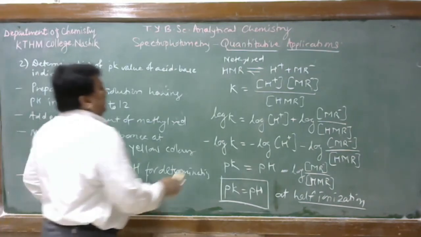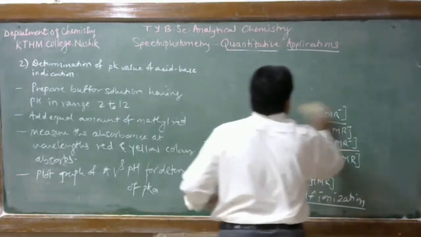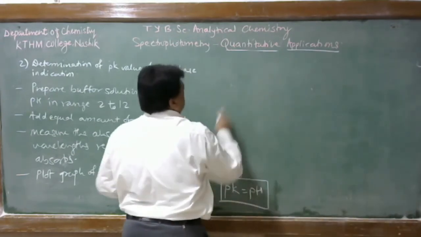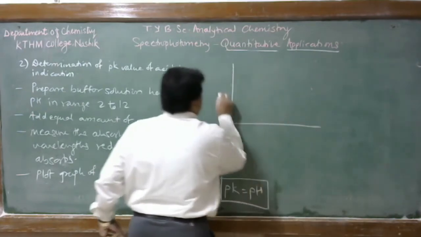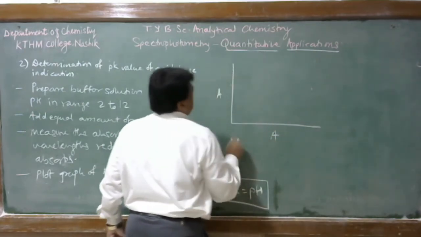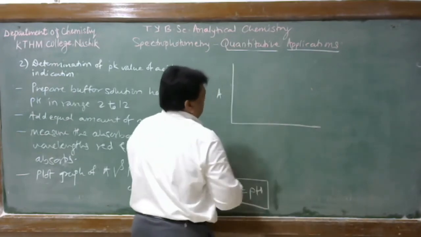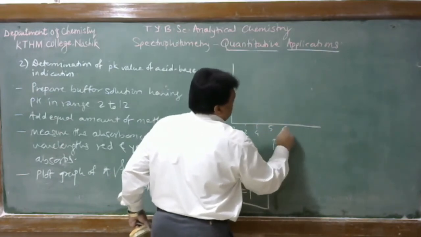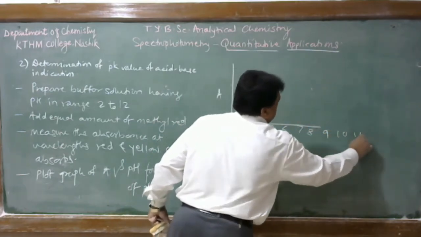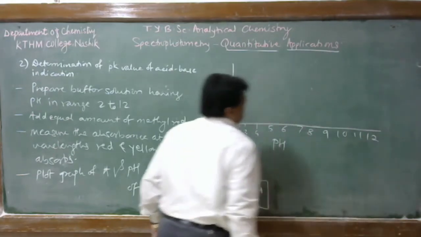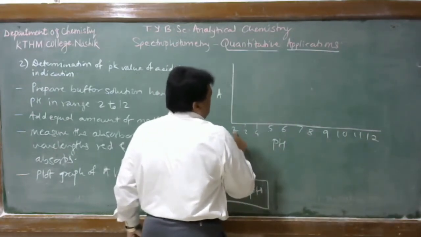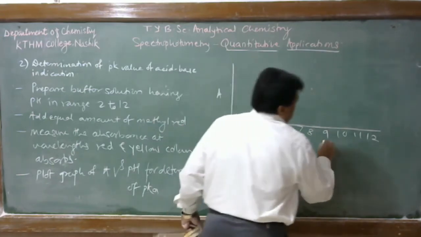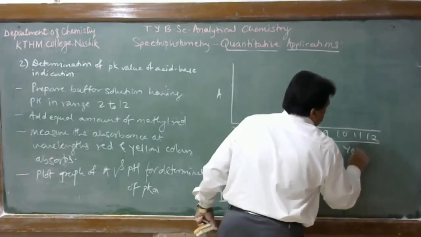And therefore this graph is like this. In this case, absorbance is plotted as a function of pH. Suppose, for example, this is pH 2, 3, 4, 5, 6, 7, 8, 9, 10, 11, 12 and so on. Here at pH 2, 3, 4 the solution has a red color, and at 9, 10, 11 it has a yellow color.